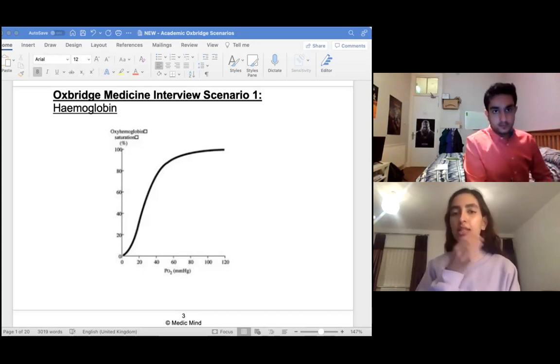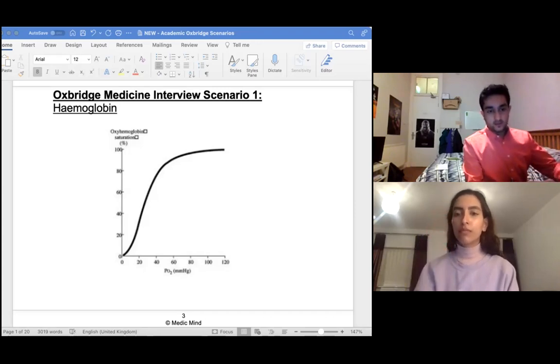Why would you say that this is advantageous for humans to have this with hemoglobin? Well, I guess it means that at low partial pressures of oxygen, which are found in the actively respiring tissues that are going to need the oxygen, the oxygen will dissociate from the hemoglobin and provide itself to the tissues that need the oxygen for respiration.